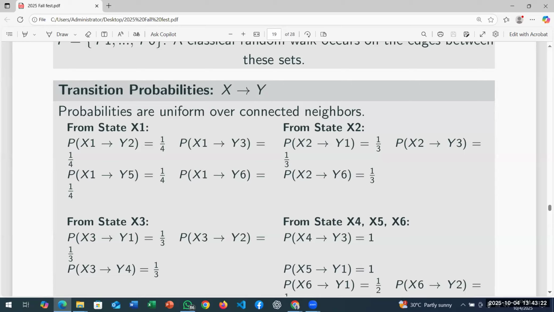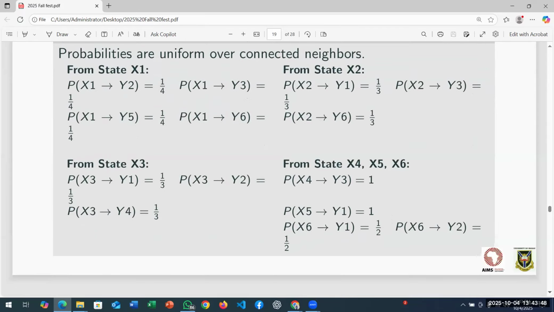The same thing, if you check state 2, X2, there are 3 vertices connected to node 2. That's why we have 1/3. This is telling us classical probability stuff. The same way for X3, and the same way for X4. We can see that X4 only has one node connected to it, which is node 3.